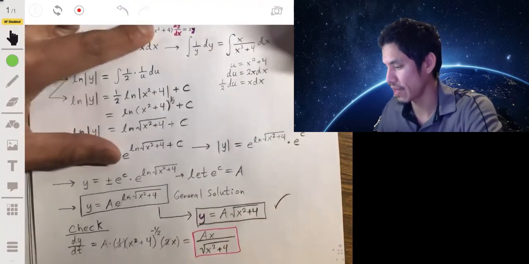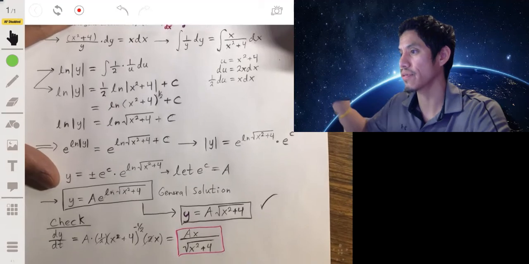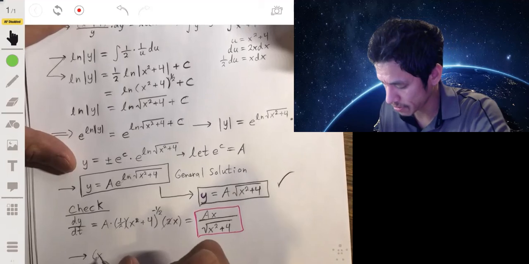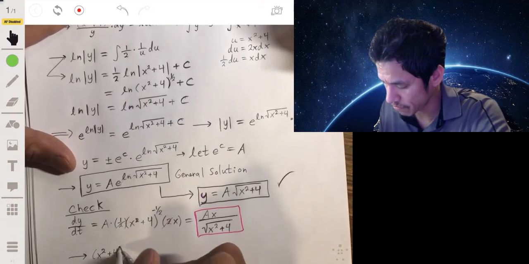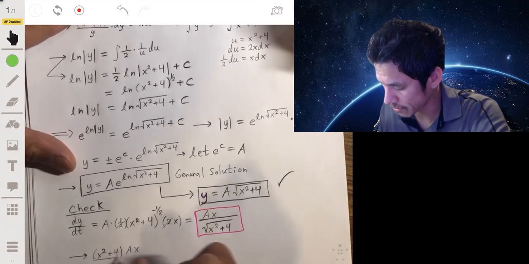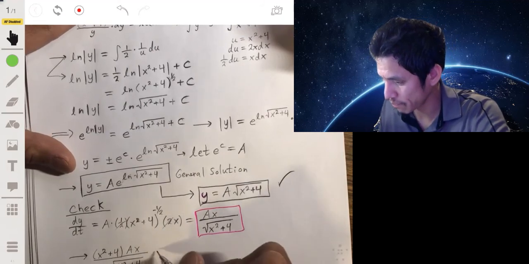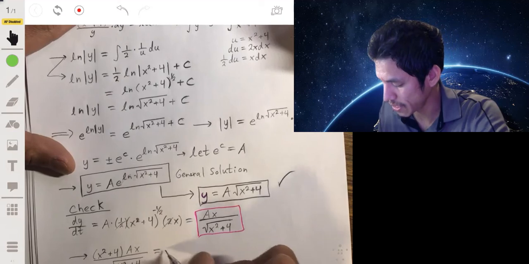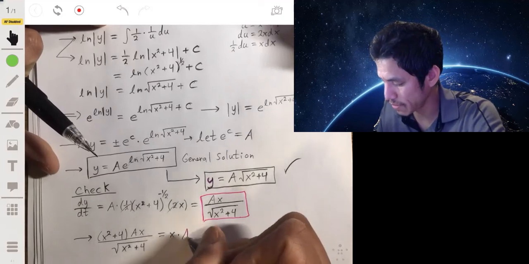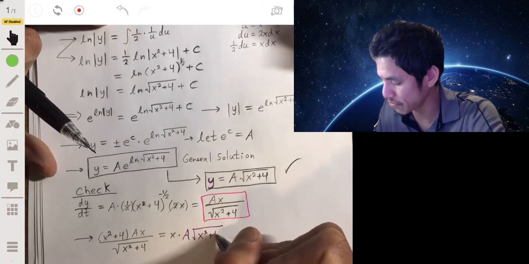So x squared plus 4, let me zoom out so we can see efficiently, x squared plus 4 times this, times ax over the square root of x squared plus 4, equal to x times y. So x times a times the square root of x squared plus 4.